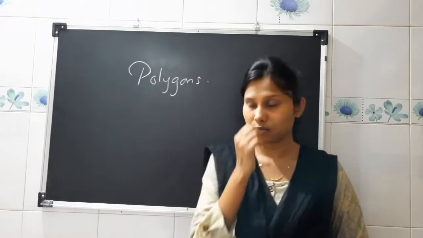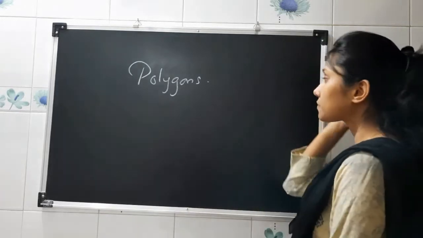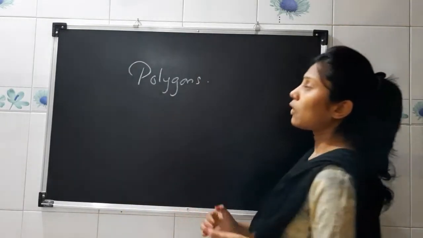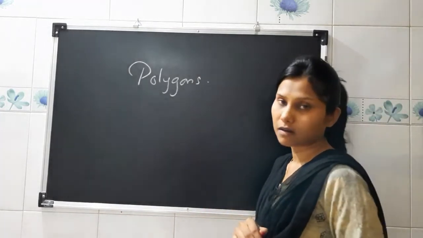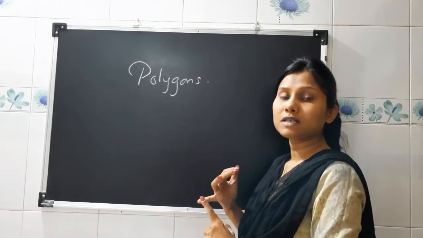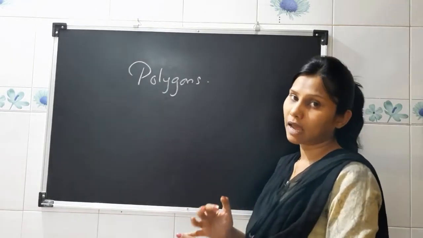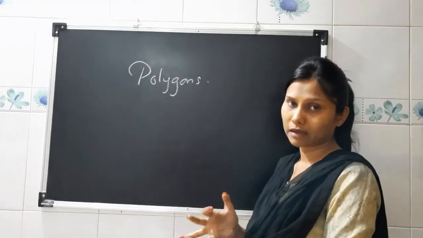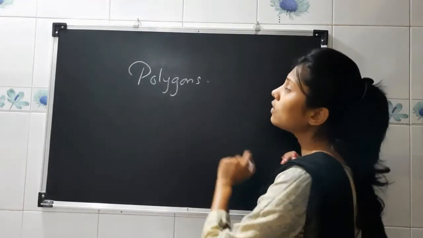So for example, see, triangle and quadrilateral are also types of polygons. A triangle has 3 sides and 3 angles. Similarly, quadrilaterals have 4 sides and 4 angles.